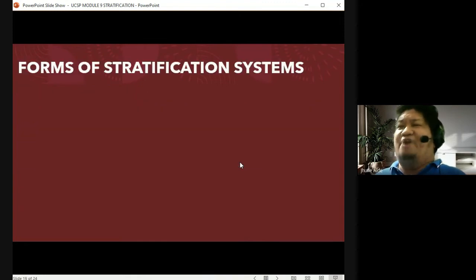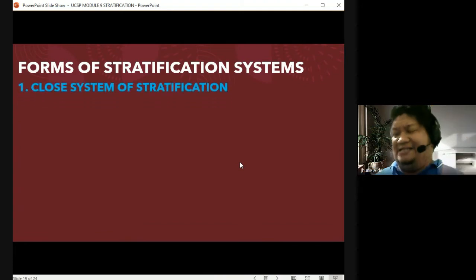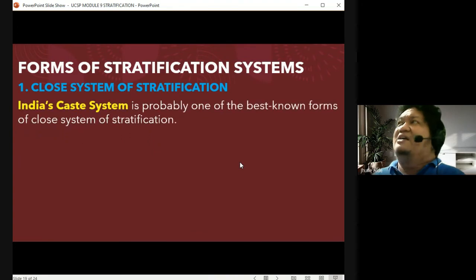So what are the forms of social stratification systems? Una, it is the closed system of stratification. May mga closed system. Isang halimbawa ng closed system, yung India's caste system. This is probably one of the best known forms of closed system of stratification. Bakit kaya closed system?